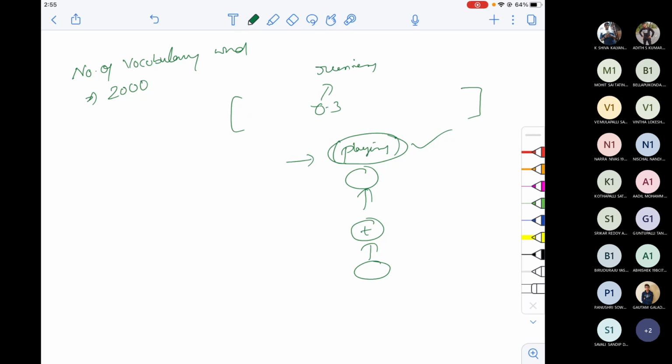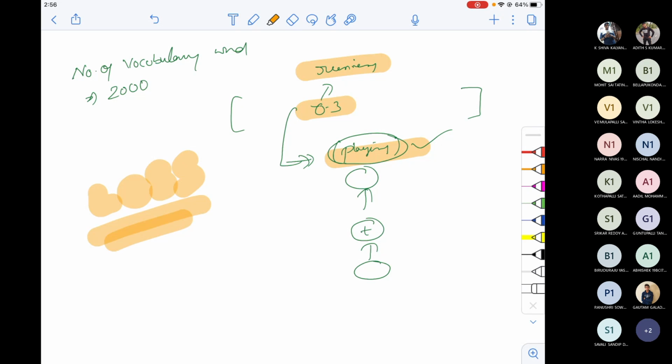Then you have a loss. Your true word that you are expecting is playing, but your probability distribution is giving the highest probability for the word running. Then definitely there's a loss, right? Now we need to overcome this loss. We need to reduce the loss. How do we reduce the loss?